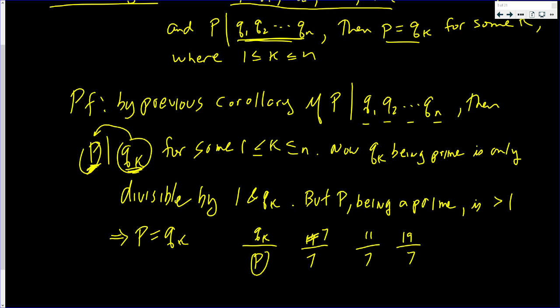If a prime number goes into a prime number, that means those numbers are the same. But 19 goes into 19, and 19 being prime will not go into any other prime. This implies that P must be Q.